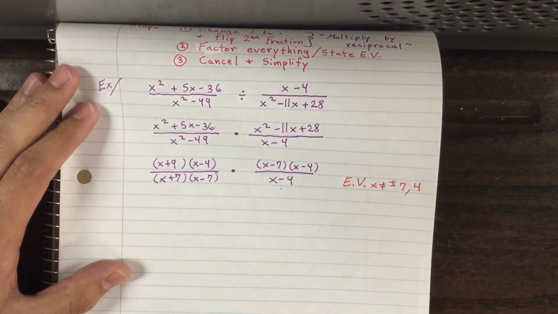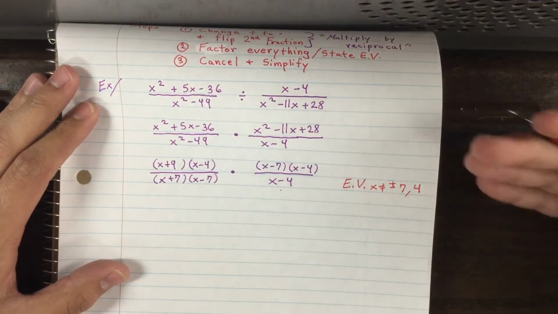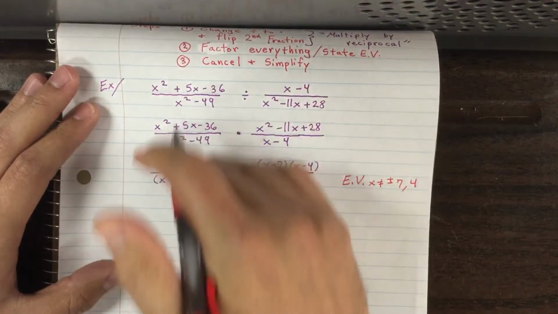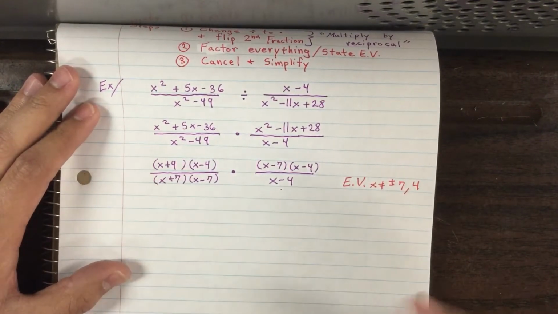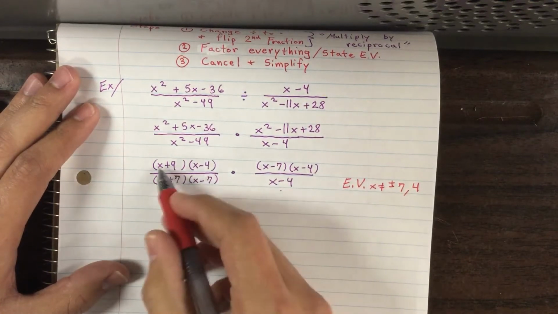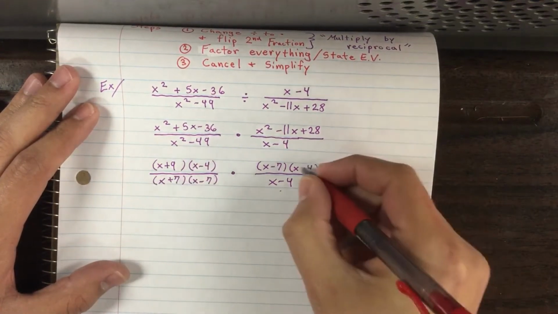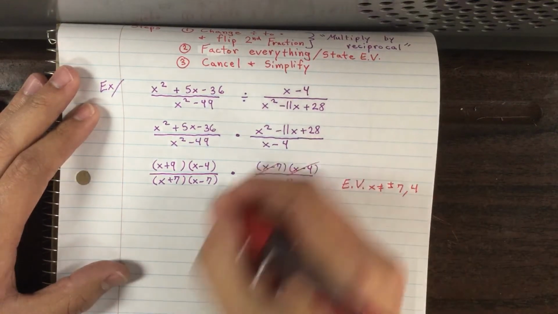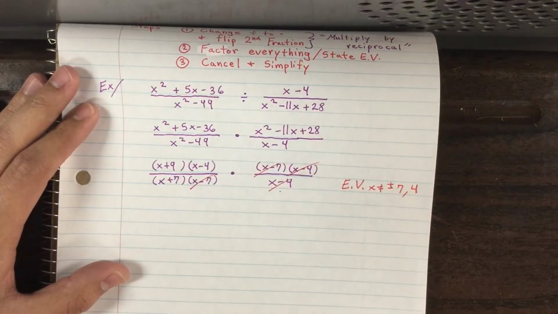What's next? Cancel. Let's cancel stuff out. What's the same on top that is on bottom? I don't care if it's diagonally or in the same fraction. Top, bottom, cancel it out. Nothing on this side. The x minus 4 on the right side cancels, and then x minus 7 there.